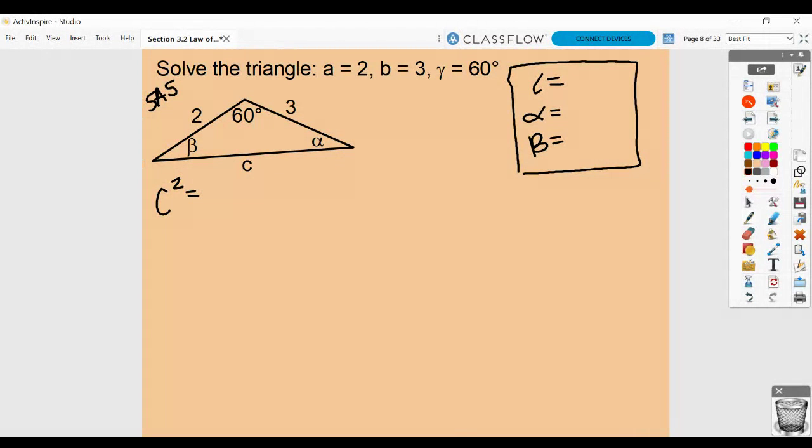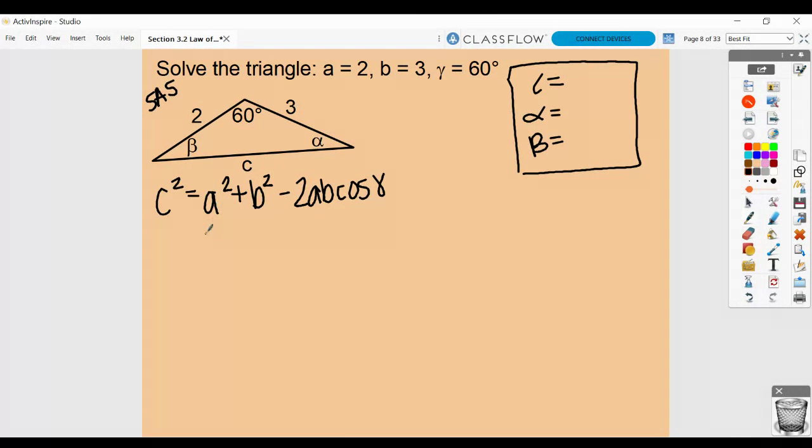So if you want to write down the formula, it's c squared equals a squared plus b squared minus 2ab cosine of gamma. And basically all you're doing is substituting in the numbers.